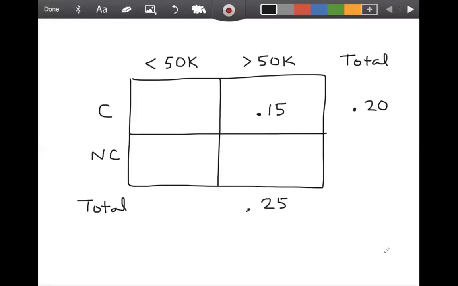So what you see here is sometimes called a contingency table. On the left side here, these letters stand for college or no college. And across the top, I have less than 50,000 or more than 50,000. So I've gone ahead and filled in the information that was given in the problem.